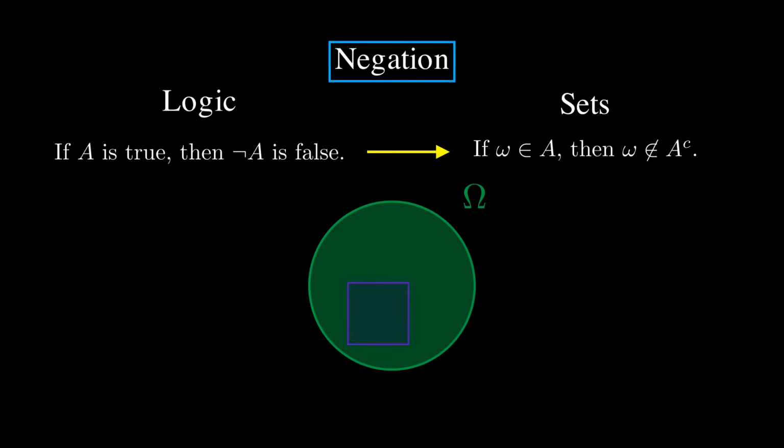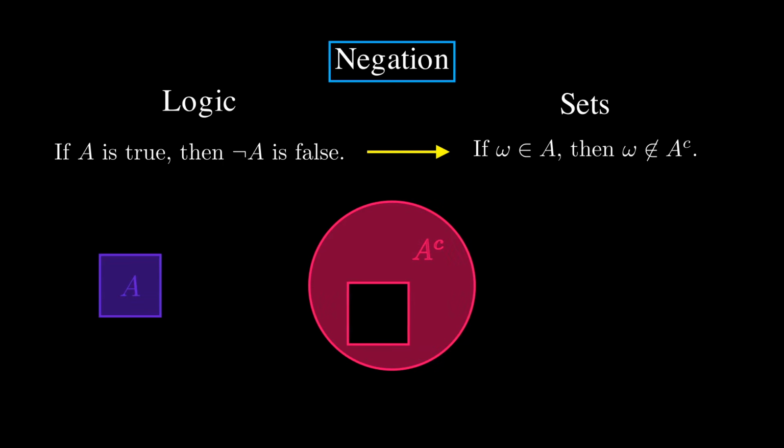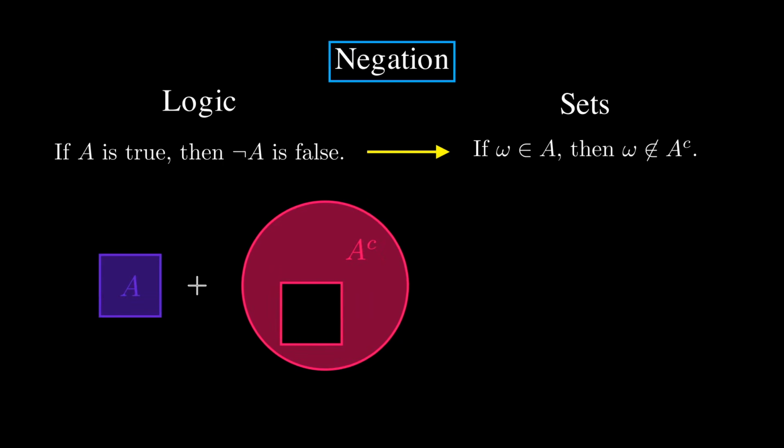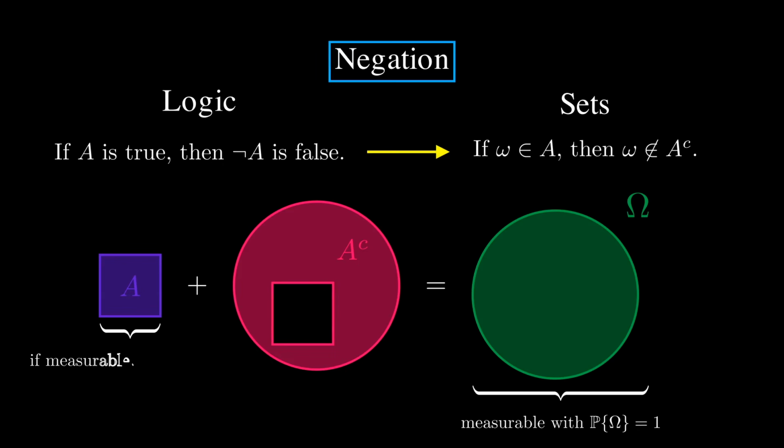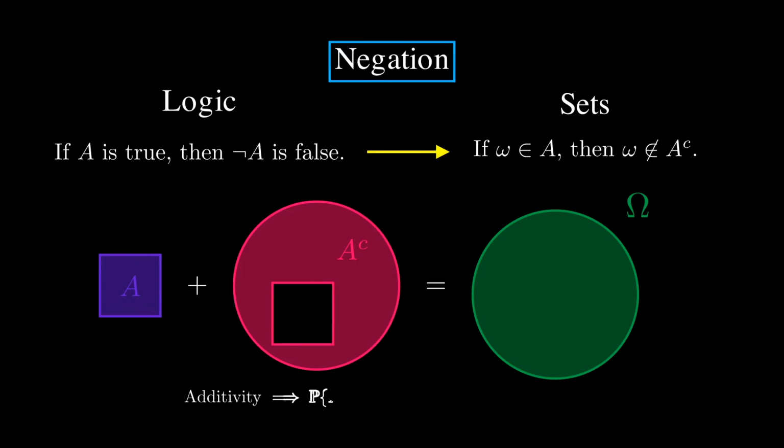Since we know that capital omega is the disjoint union of A and the complement of A, so either A or not A is always true, and we already know that omega is measurable and has a probability of 1, then we know that if A is measurable and has a probability of P(A), then we directly get that the complement should have a probability of 1 minus P(A).